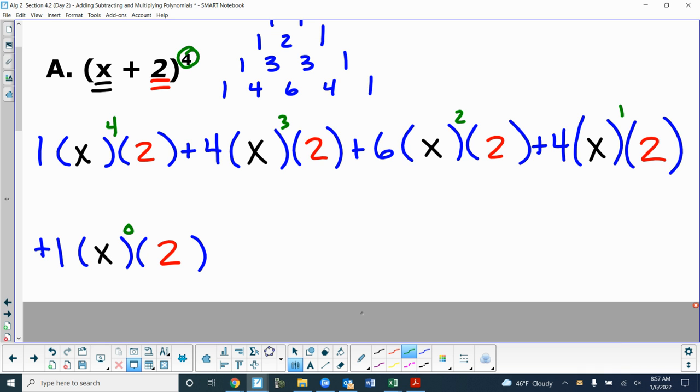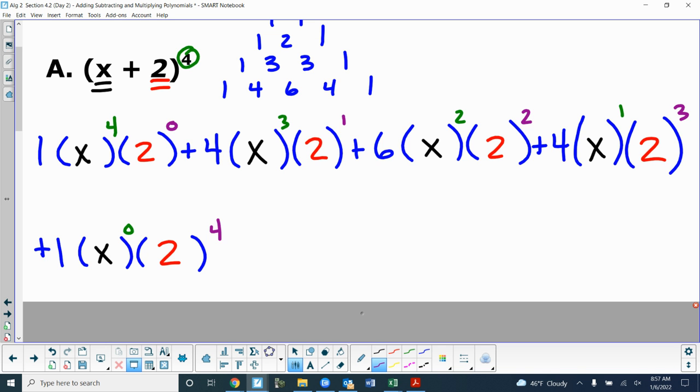Now what do you think the second parenthesis starts at? 4? No. 0. And what do we do with that? Go up by 1, yes. So this second one always starts at 0, and then you go up by 1s. Now you just find the answer to each one of those 6 problems. And that's your answer.